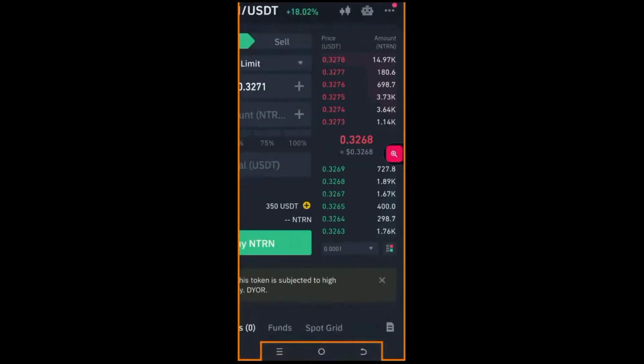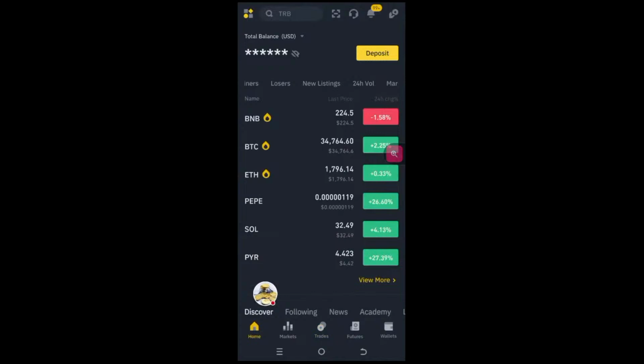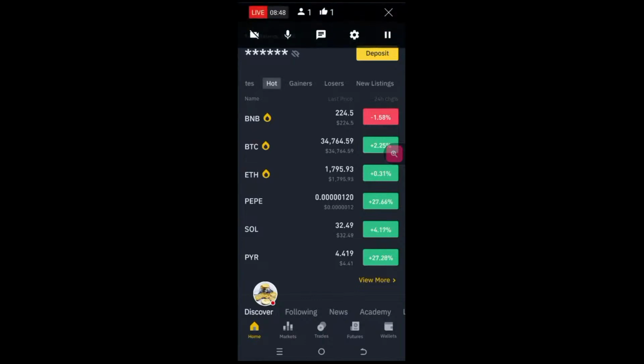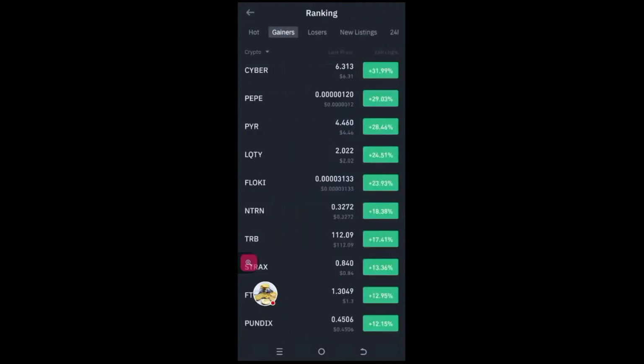But anyway, that's the concept behind new listings: if it's new, it should still give you the new vibes and people will still want to buy it. So that's the concept behind choosing either gainers, losers, or new listings. But I'm going to go with gainers. The reason why I love to go with gainers is because, not as if I'm so sure, but coupled with technical analysis, I should be able to get it. So let's go ahead. Let's do this.